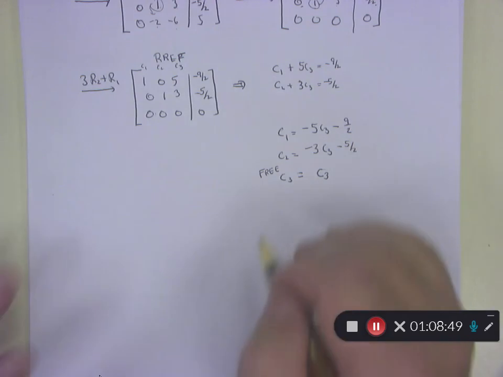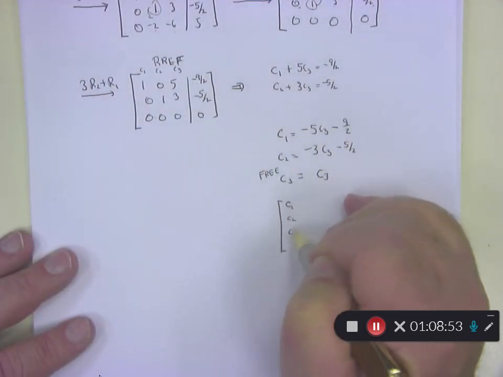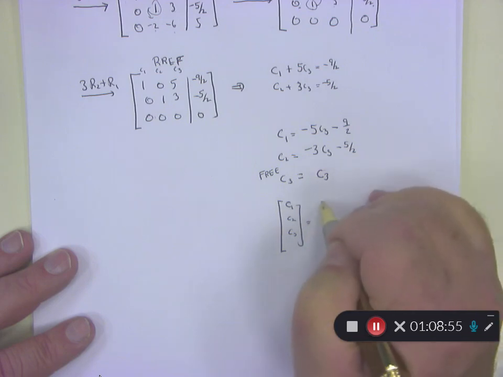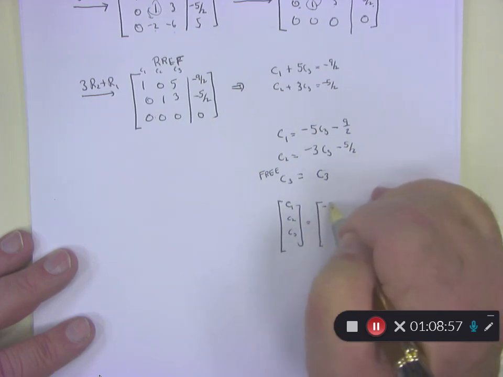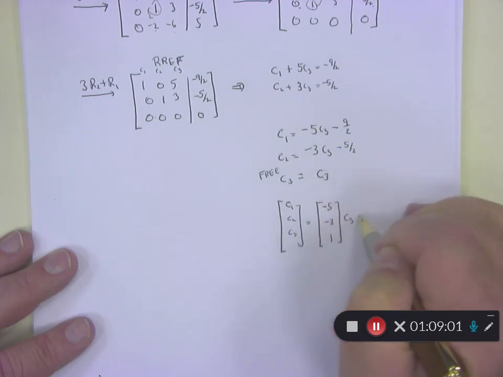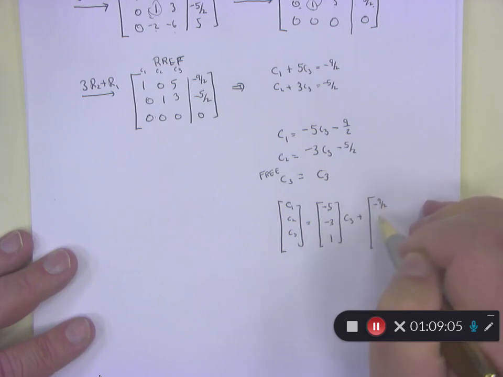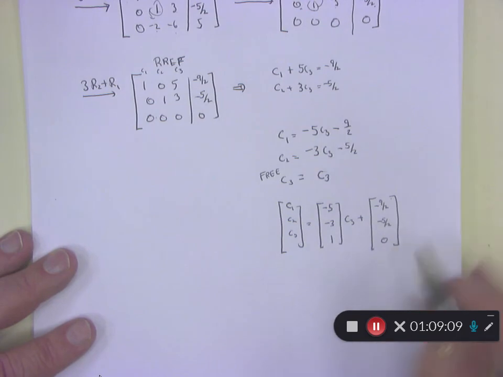So, my answer for finding C1, C2, C3 is equal to -5, -3, 1 times C3 plus -9 halves, -5 halves, and there is no constant there, 0.